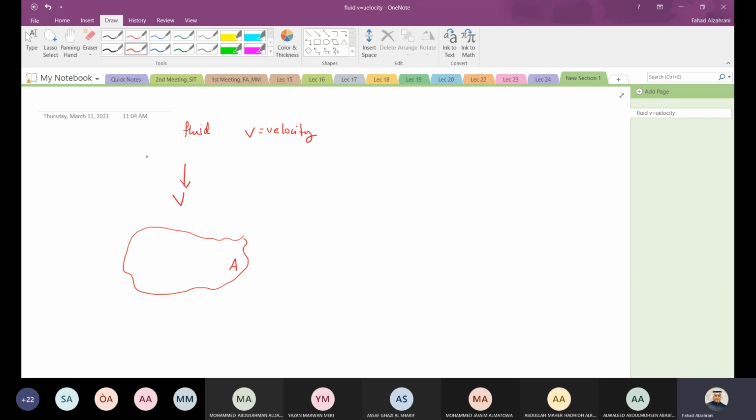And it's moving from one point, let's say from this point to this point here, which is crossing. Let's take a small area from this fluid, okay, to this point here, and this is the small area. The fluid starts here until it reaches this area.